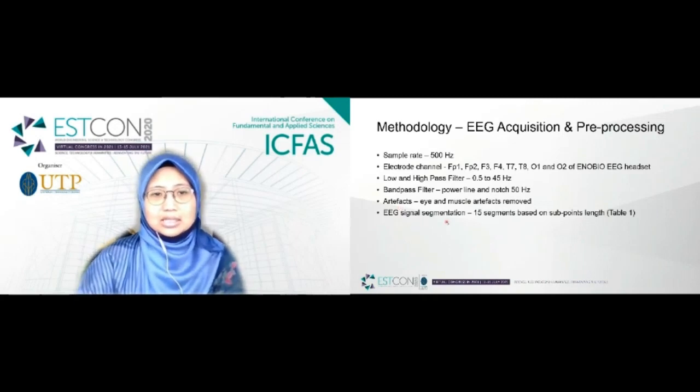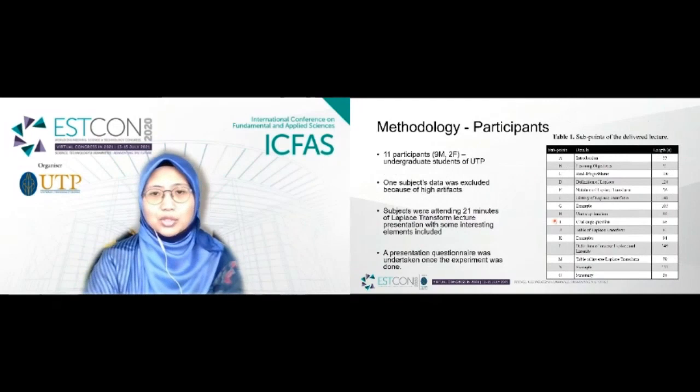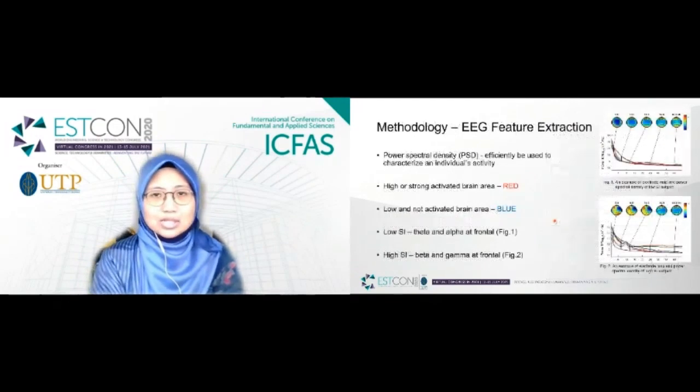Later, the EEG signals were segmented into 15 segments based on the subtopic lengths shown earlier in table 1. EEG features were extracted. Power spectral density was used because it efficiently characterizes an individual's activity.